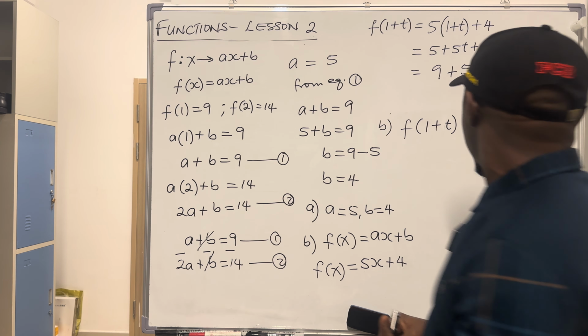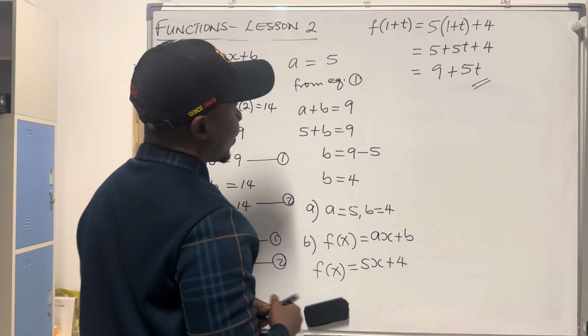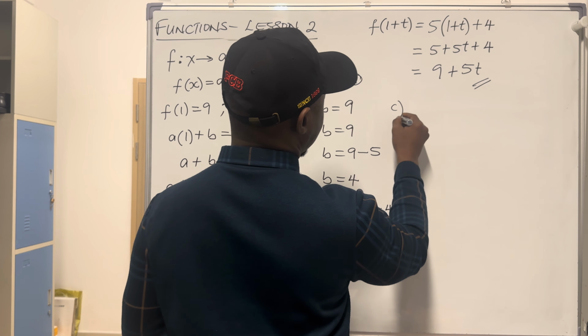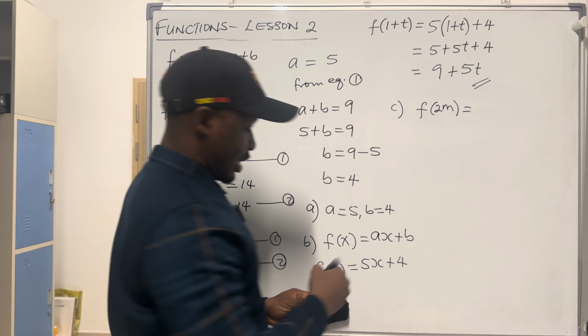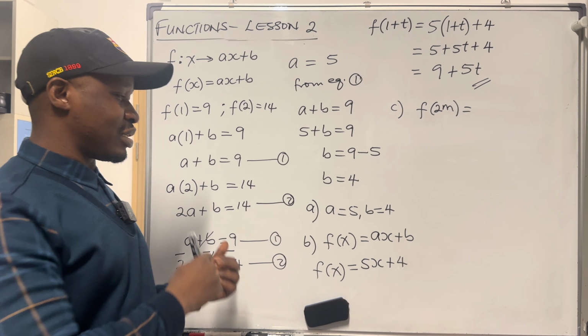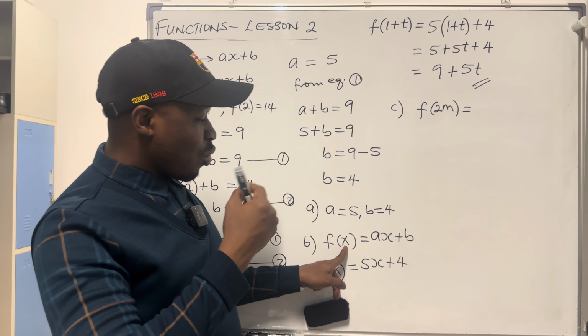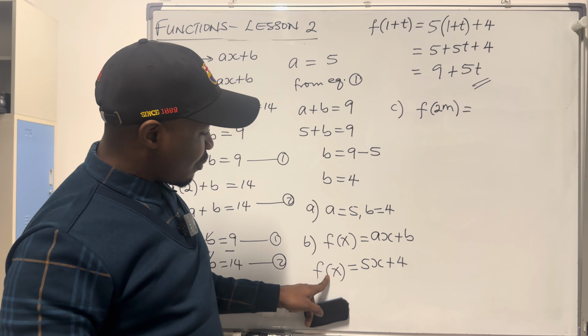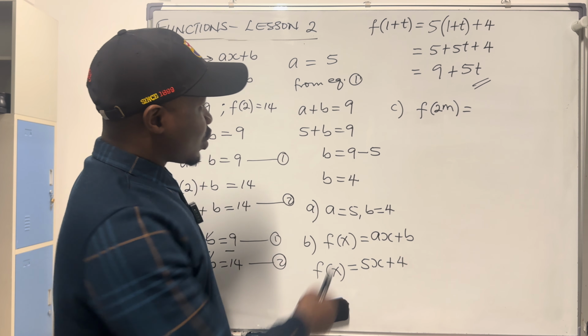Now we go for the c part of the question. We want to find f of 2m. It sounds funny, but it makes complete sense. F of whatsoever is 5 whatsoever plus 4.